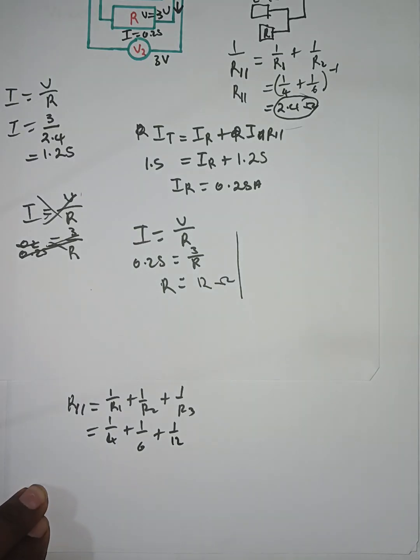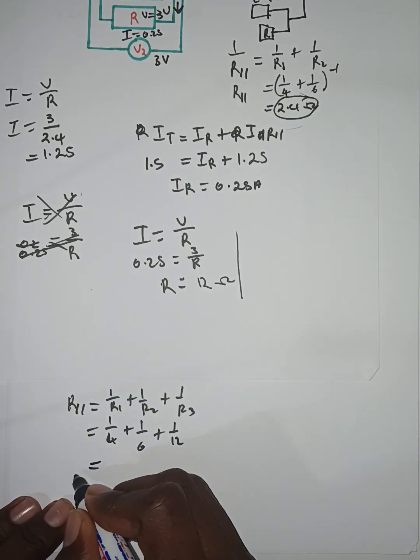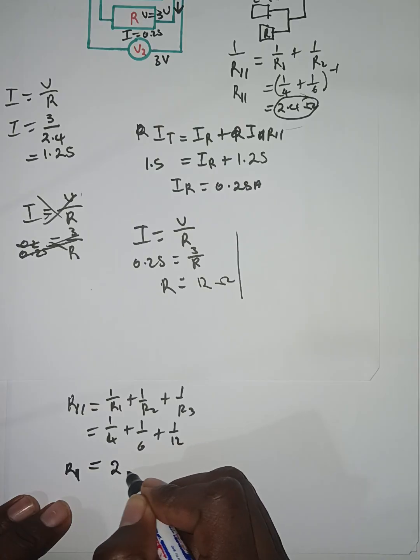So if you put that in our calculator, 1 over 4 plus 1 over 6 plus 1 over 12, and just invert that immediately, we find the effective resistance across those three, R parallel in this case, to be equal to 2 ohm.